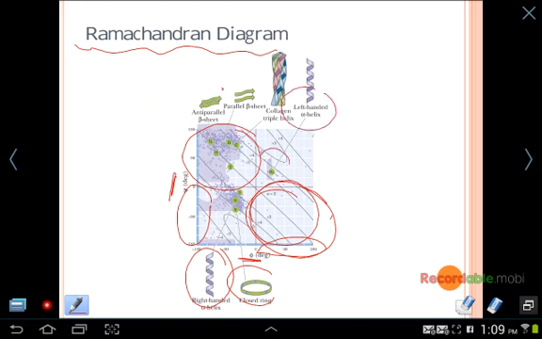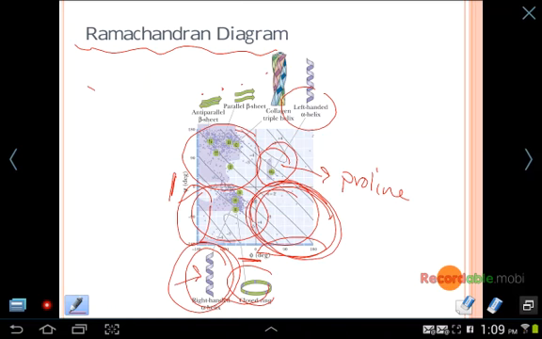Left-handed alpha helices occur in this quadrant, and we'll talk about why that is, mostly due to proline. And then you can have right-handed alpha helices or these closed rings in this quadrant. So based on the types of phi and psi angles that occur in the primary sequence, we can predict basic secondary structure formation, and we can also tell you what phi and psi angles cannot occur.